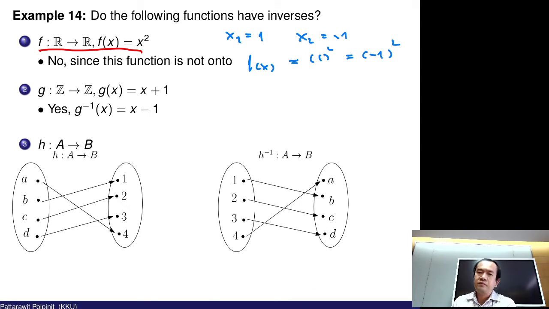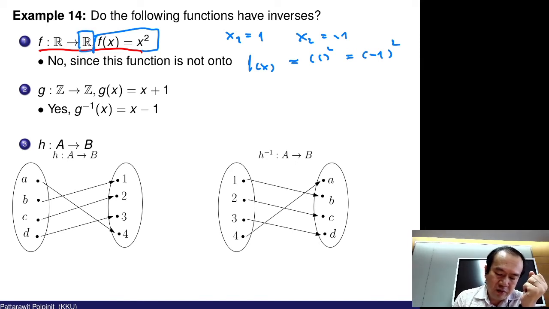This is not one-to-one, so it will not be any lower than 0. So some of the domain here will not be able to find a value of x. So this doesn't have an inverse.